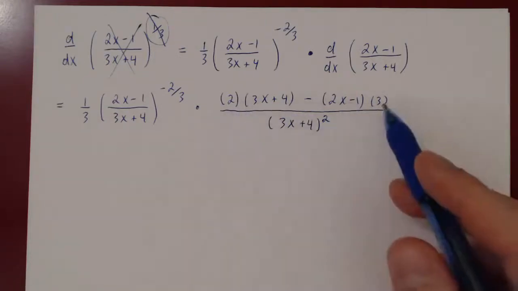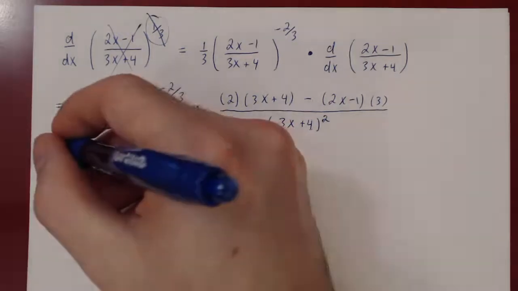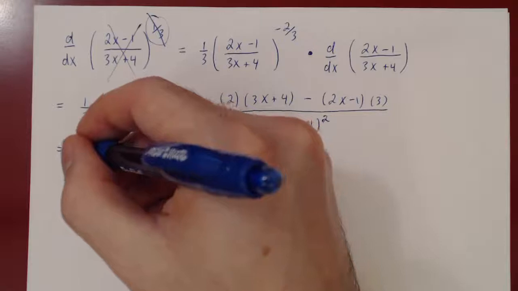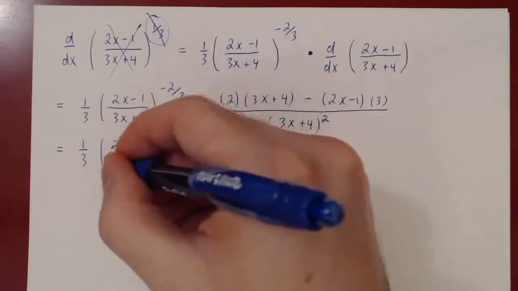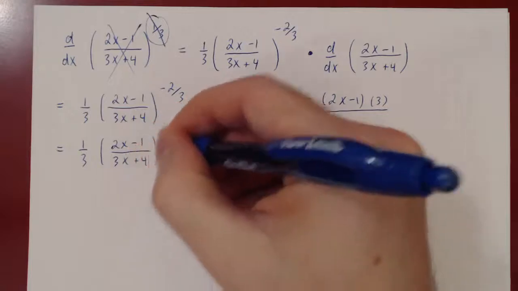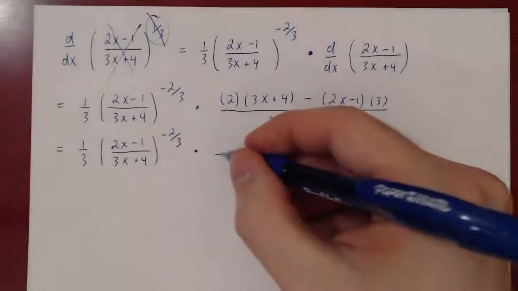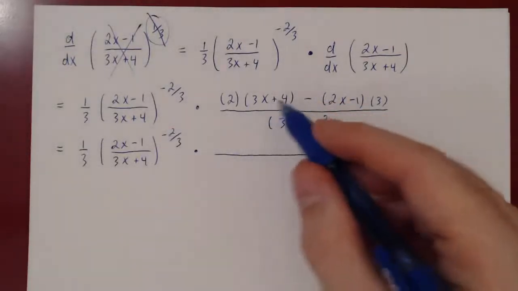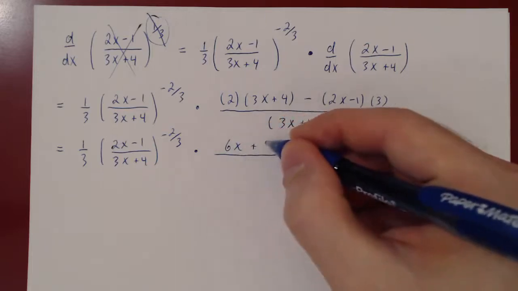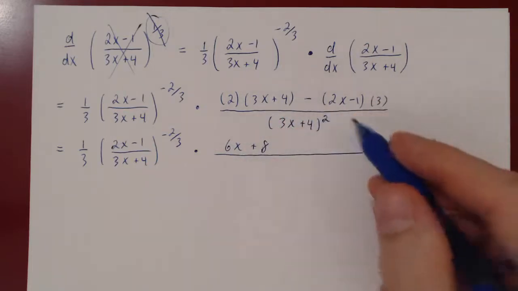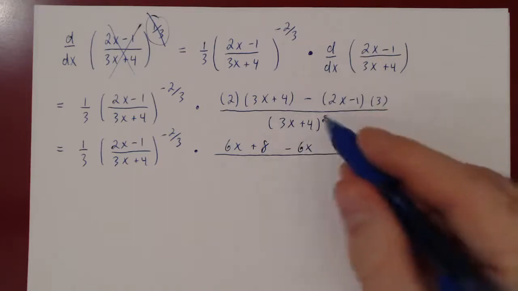We can multiply our numerator and regroup the multiples of x and the constant terms. So we have 1/3 times 2x minus 1 over 3x plus 4 to the negative 2/3 times, well, 2 times this will give us 6x plus 8 minus 2x times 3, minus 6x.